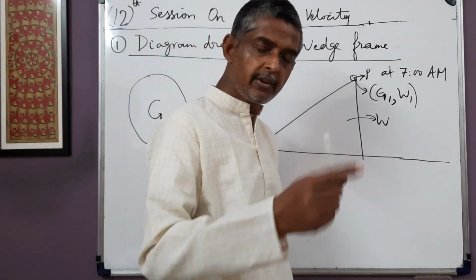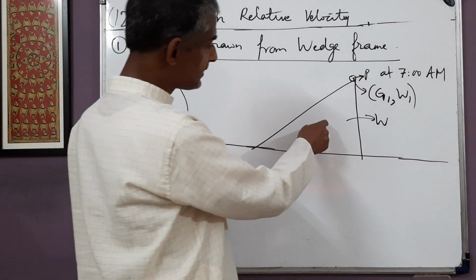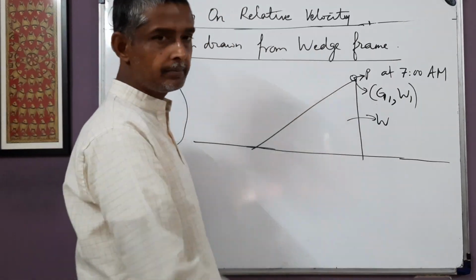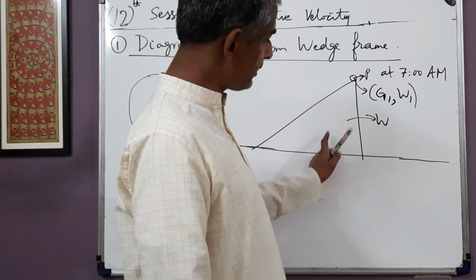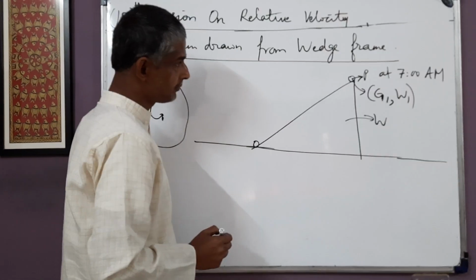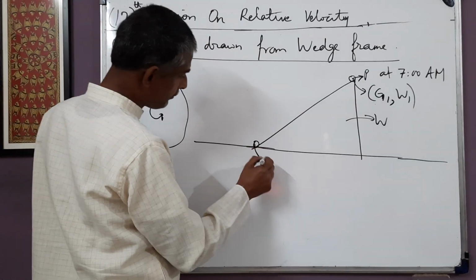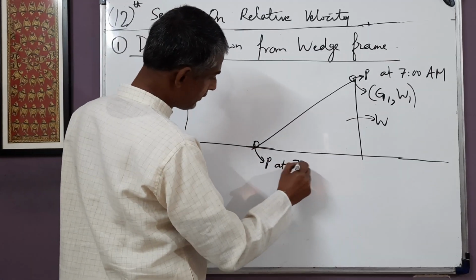As seen from the wedge frame, the wedge is at rest. So at 7:05 am also the wedge will be at the same location as it was at 7 am. At 7:05 am point P is coming here. This is the point P at 7:05 am.